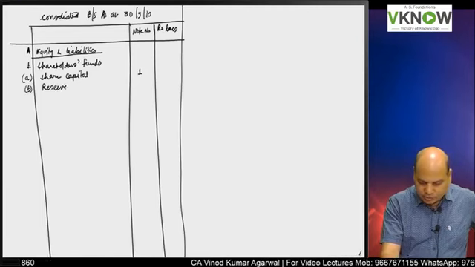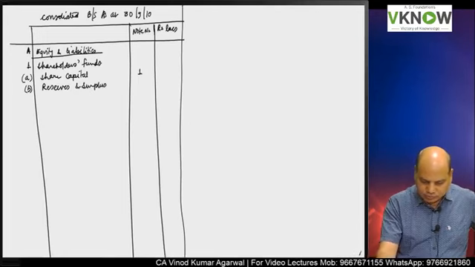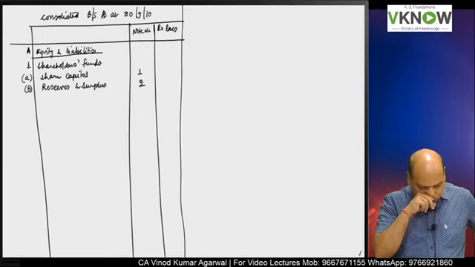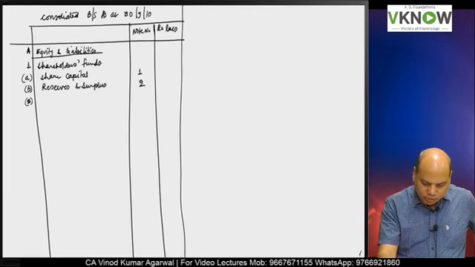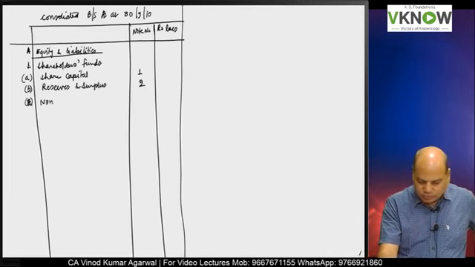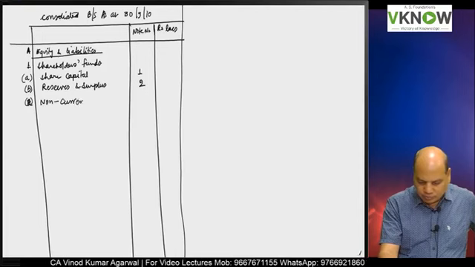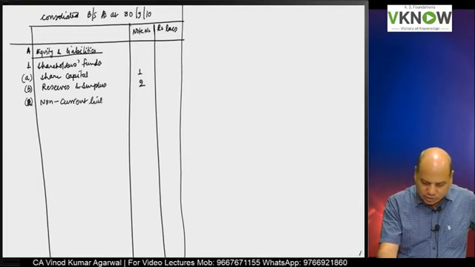B, reserve and surplus, note number 2. C, or point number 2, write down non-current liabilities.